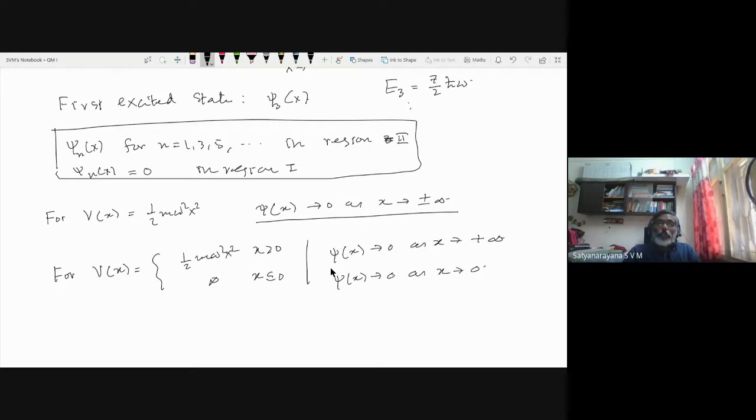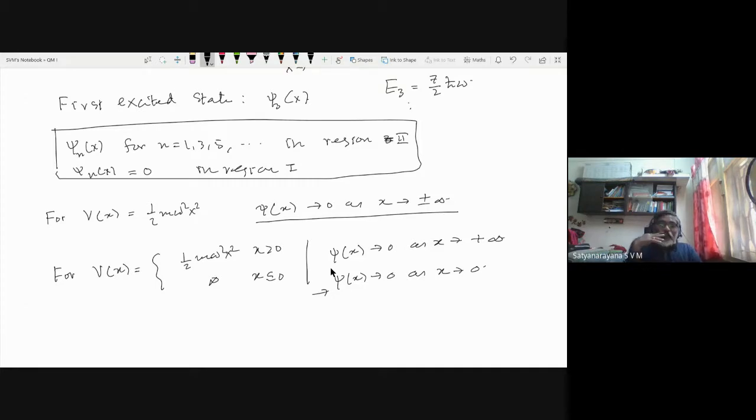So you have to pick only a subset of solutions which satisfy this in addition to the first condition. All these odd functions will satisfy this condition. So those odd solutions will be the wave functions for region 2, in which the harmonic oscillator is there.